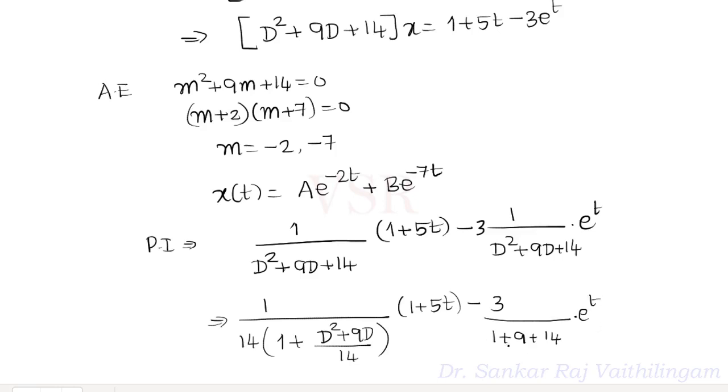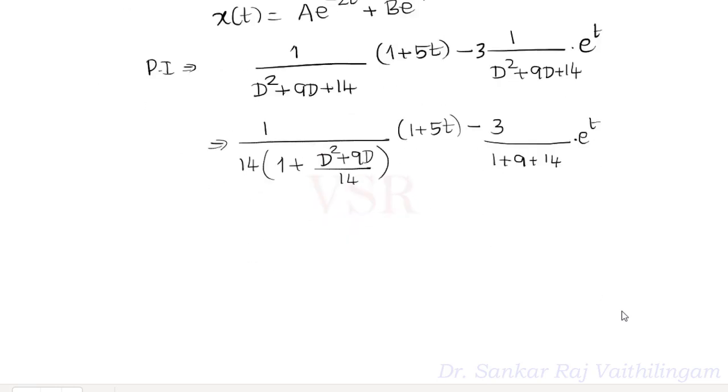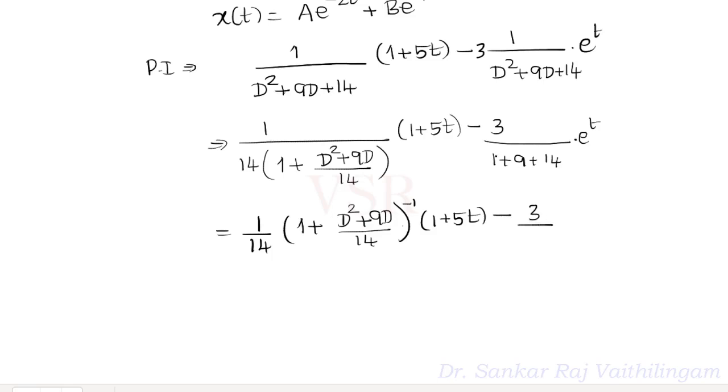So here 24, 3 by 24. So this is equal to 1 divided by 14 into (1 plus (D square plus 9D) by 14) the whole inverse of 1 plus 5t, minus 3 divided by 24 into e to the power t.